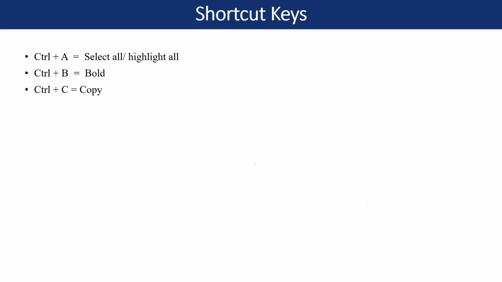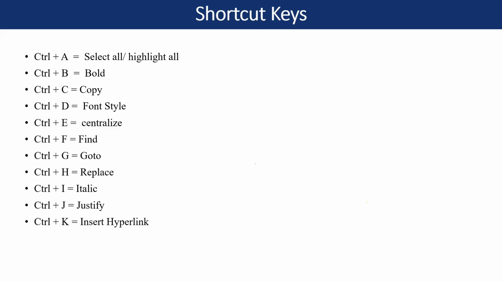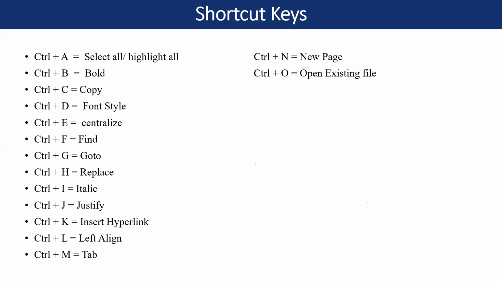Control B is for bold. Control C is for copy. Control D is for font style. Control E is for centralize, Control F is find, Control G is go to, Control H replace, Control I italic, Control J justify, Control K insert hyperlink, Control L left align, Control M tab, Control N new page, Control O open existing file, Control P print.